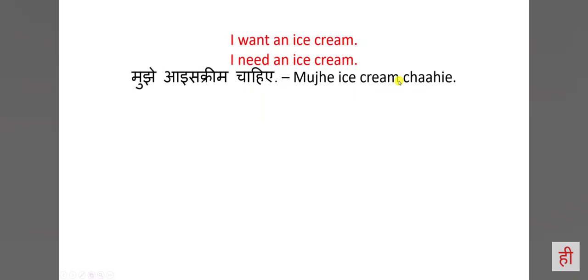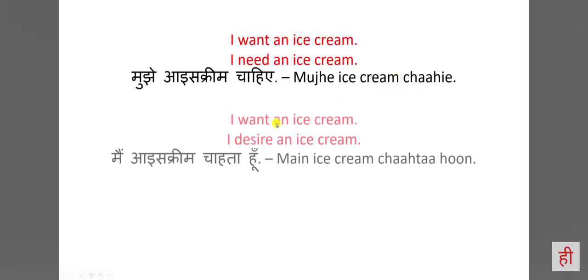Alright? Now, I want an ice cream can also be said like this. मैं आइसक्रीम चाहता हूँ. This is the structure that we learnt in this video.